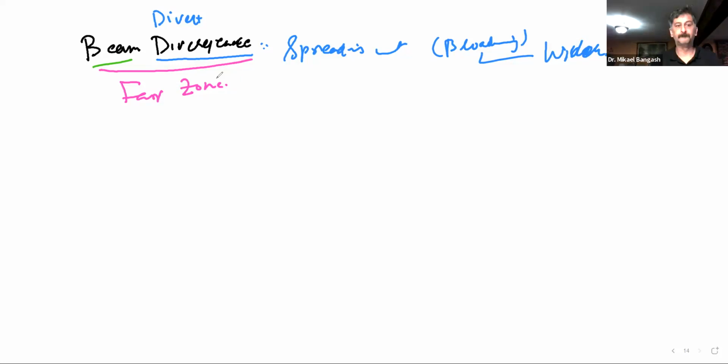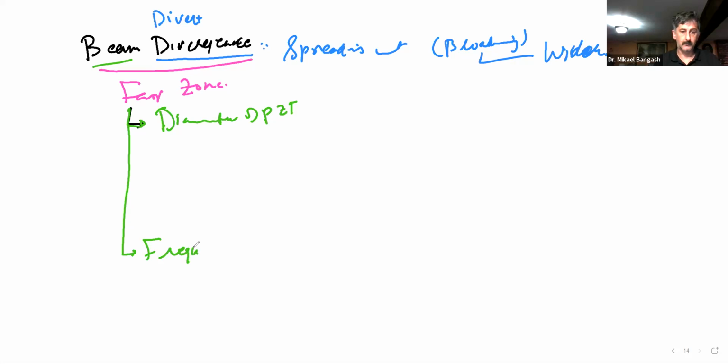So again, this is going to be determined by the same two factors as we had for the focal depth, which were the diameter of PCT and, again, the frequency of the transducer.